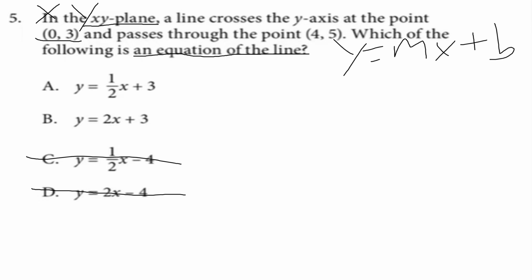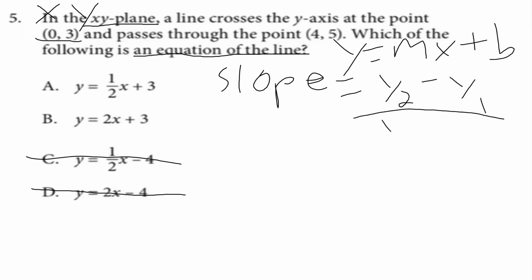So next we're going to find the slope. And if you don't get these equations on the Accuplacer test, it's best to remember what the slope-intercept equation is. So that's y equals mx plus b. And to find the slope, the slope equals y2 minus y1 divided by x2 minus x1.